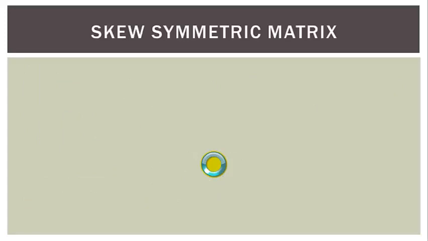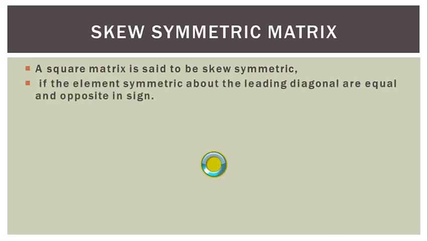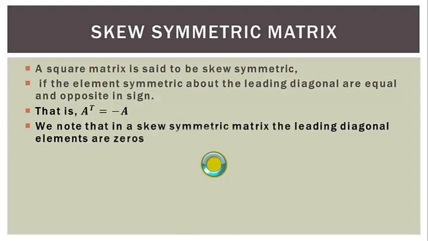Skew symmetric matrix. A square matrix is said to be skew symmetric if the elements symmetric about the leading diagonal are equal but opposite in sign. That is, if A transpose is equal to minus A, the matrix A is said to be skew symmetric. We know that in a skew symmetric matrix, the leading diagonal elements are all zeros.